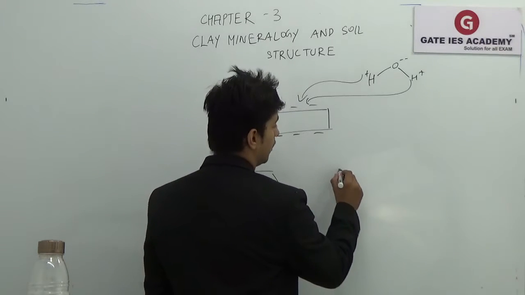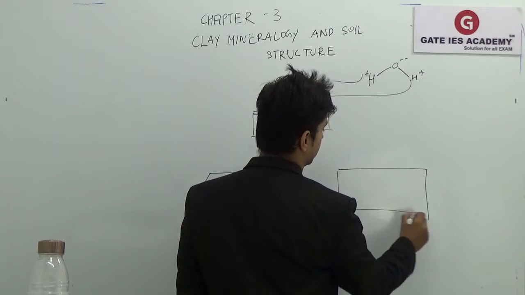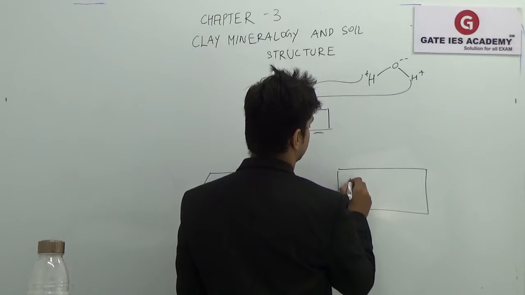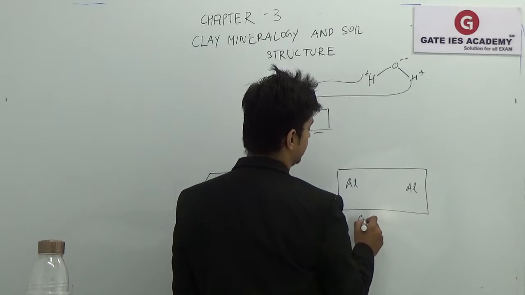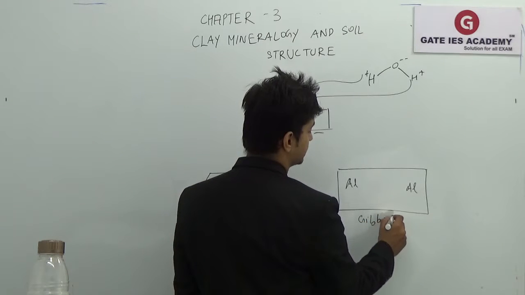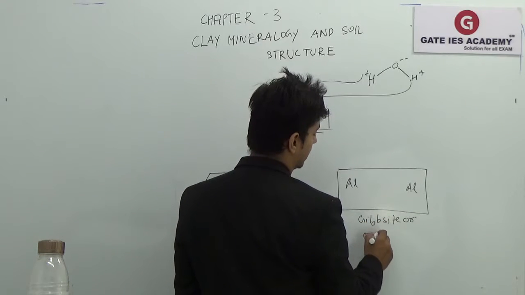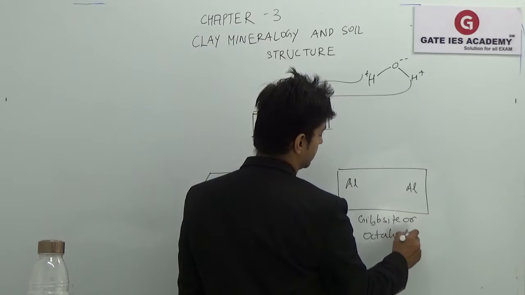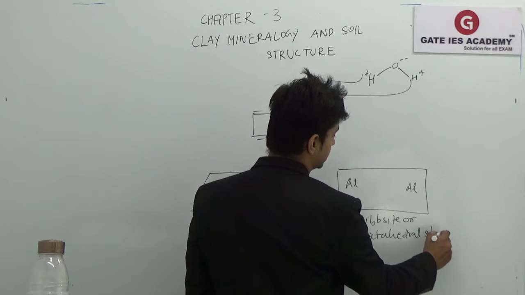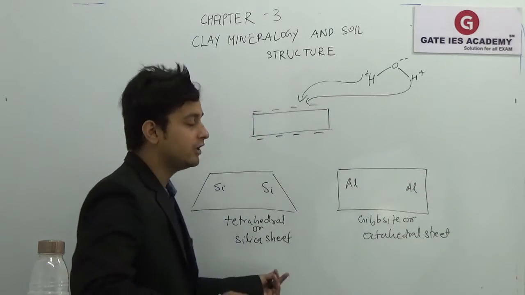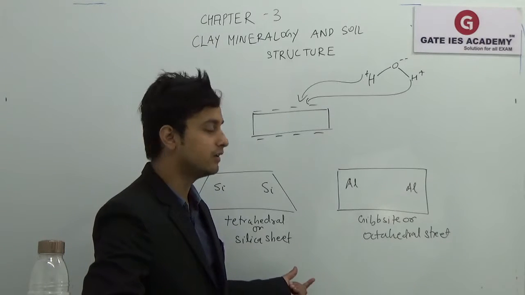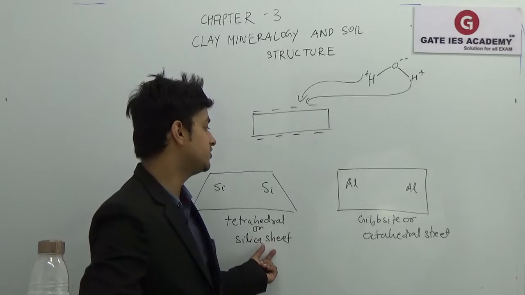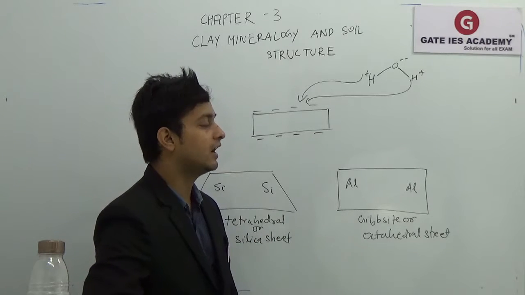Or we have octahedral, like this, octahedral sheet, that is called the gibbsite. It is also called the gibbsite or octahedral sheet. So these are the two basic structures in which the clay particles are formed. This is called the silica sheet and this is called the octahedral sheet.